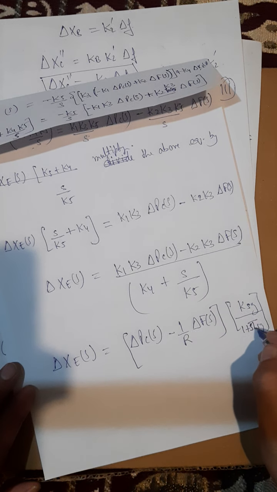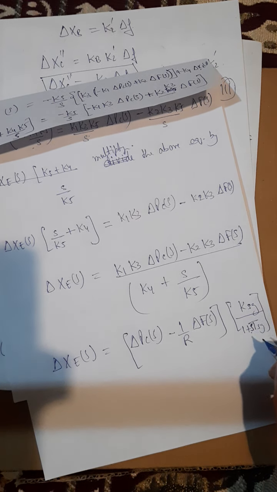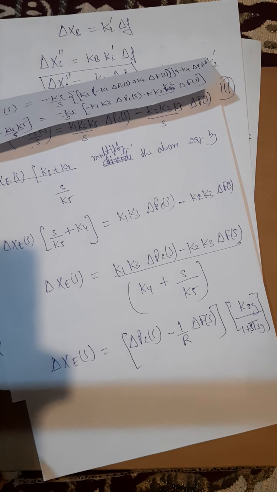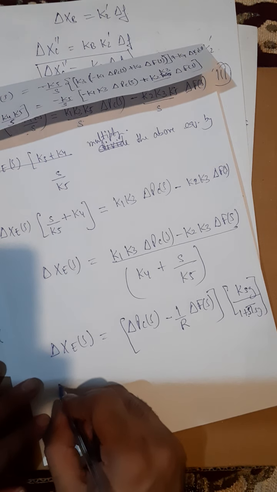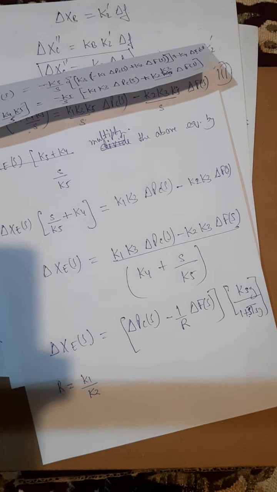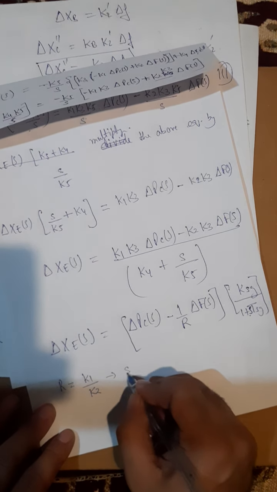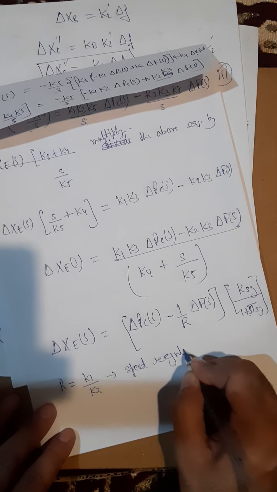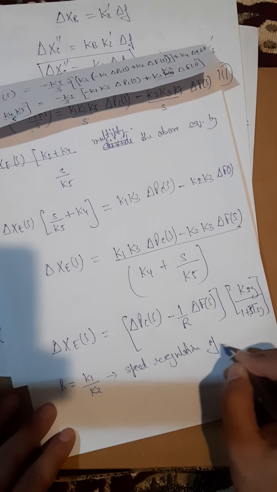This capital S means Laplace, TSG means time constant of the generator, and KSG means the gain of the generator. Where I am taking R equal to K1 by K2, which is the speed regulation of the governor.